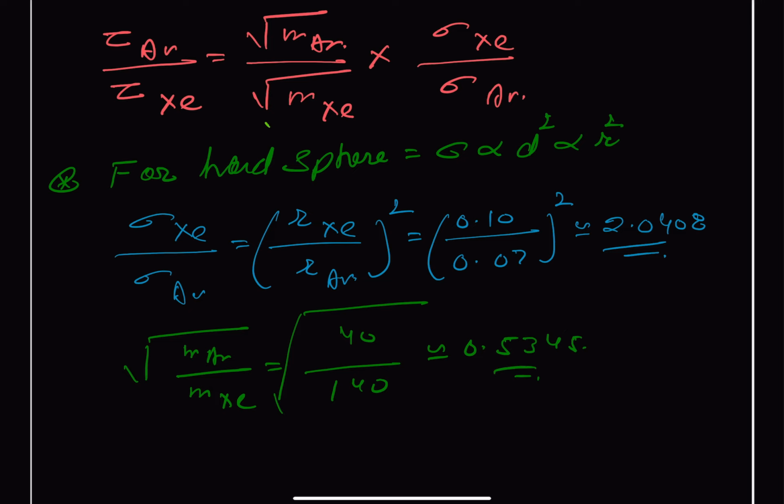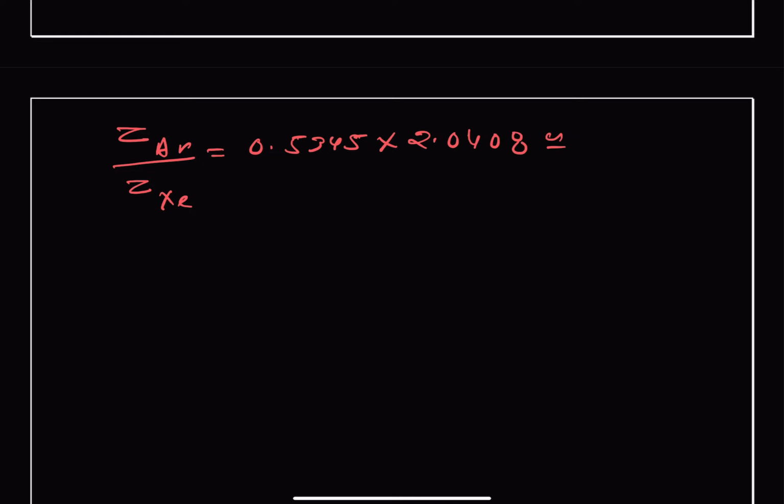So we got both the values. Now we can simply multiply them. Therefore, the mean free time ratio for argon and xenon will be 0.5345 multiplied by 2.0408, approximately equal to 1.09.